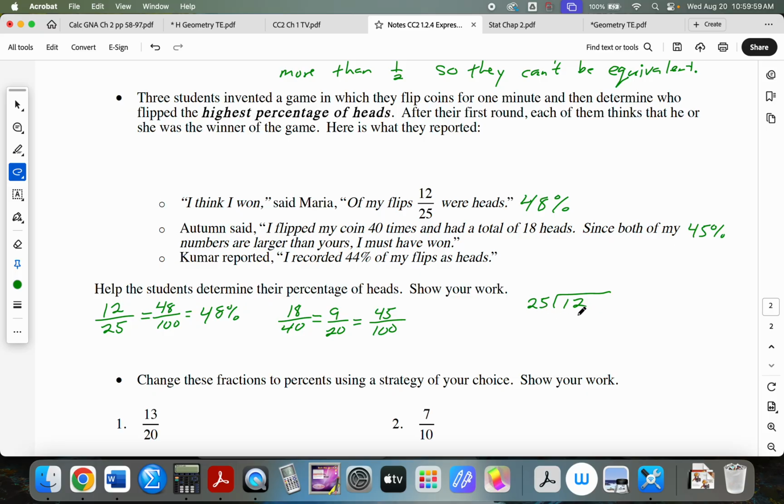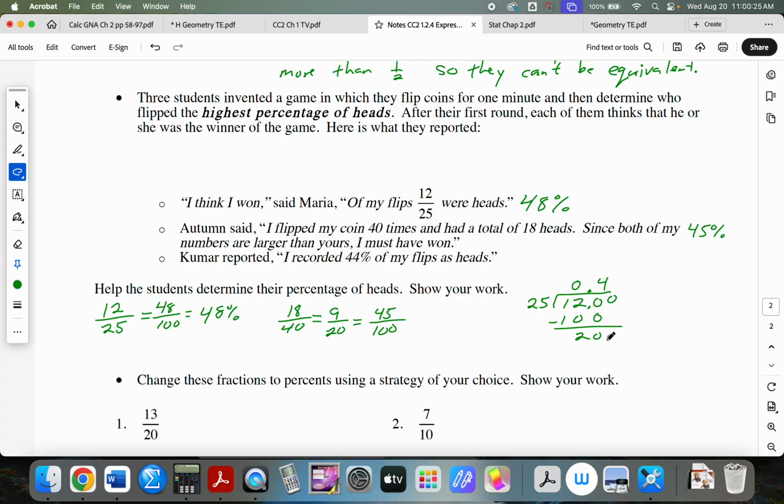does 25 go into 12? No, so I'm going to add a decimal and say that goes in 0 times and add another 0. 25 into 120, it's 4 times. So that's minus 100. Subtracting, that's 20.